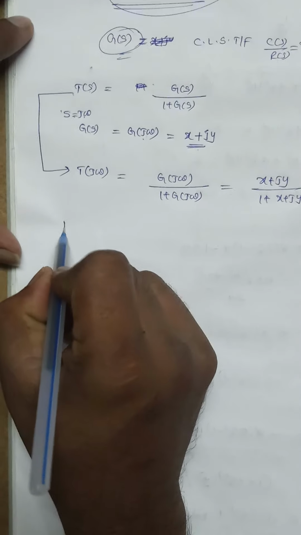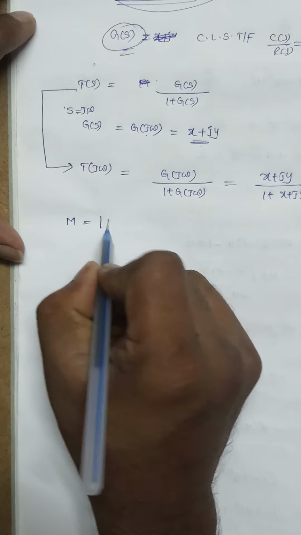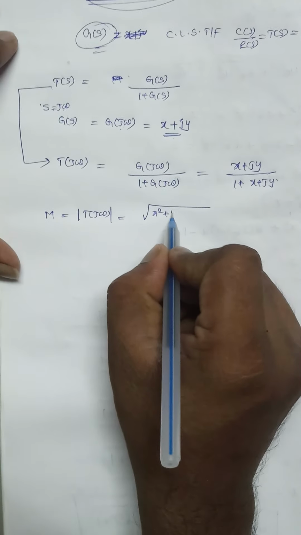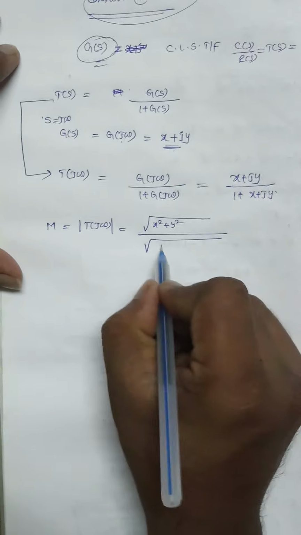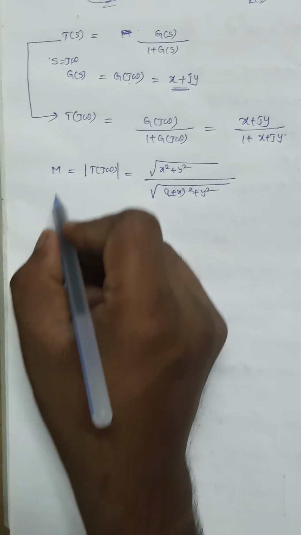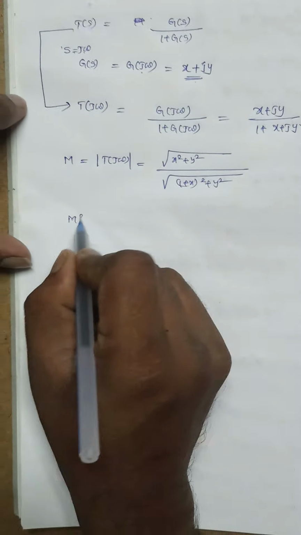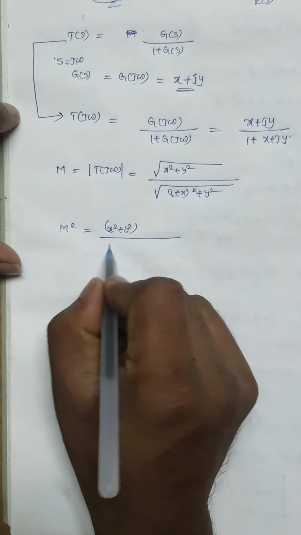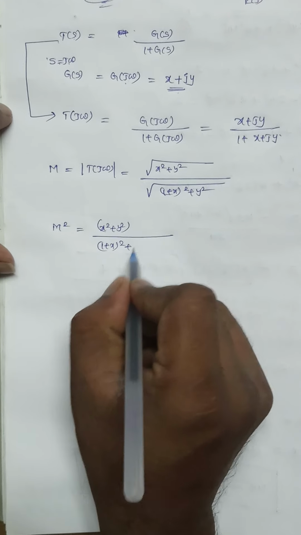Here the magnitude M is equal to the magnitude of T(j omega), that is equal to the square root of x square plus y square divided by the square root of (1 plus x) whole square plus y square. Squaring on both sides, M square is equal to x square plus y square divided by (1 plus x) whole square plus y square.